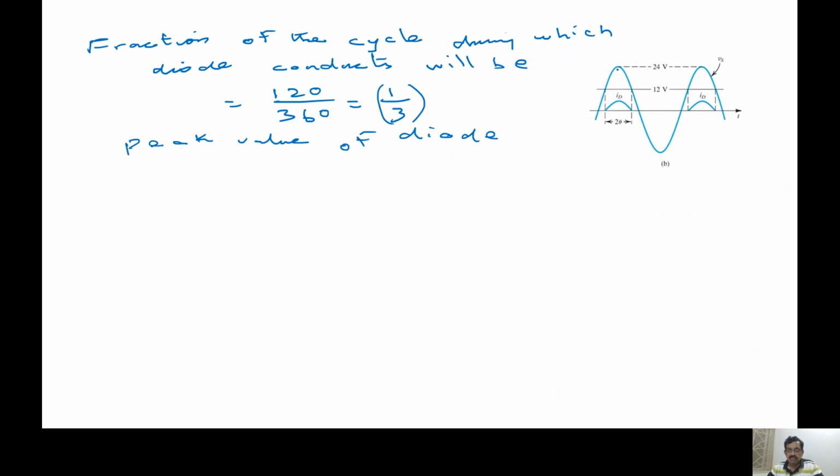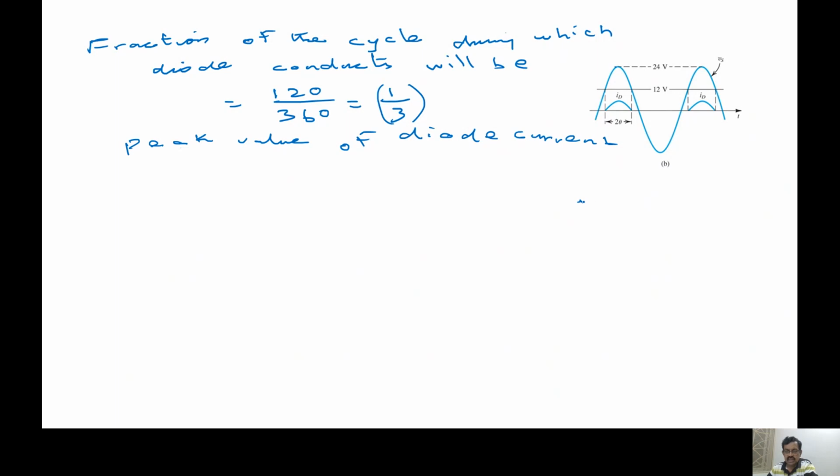That means when the input voltage is at 24 volt, the diode will enable maximum current to go through. So that will be the peak value of diode current. You can simply write it in this form. I take that peak value at some instant which is at T/4.